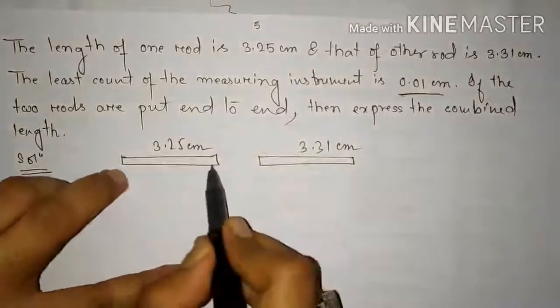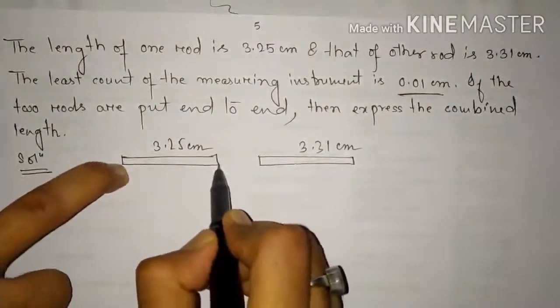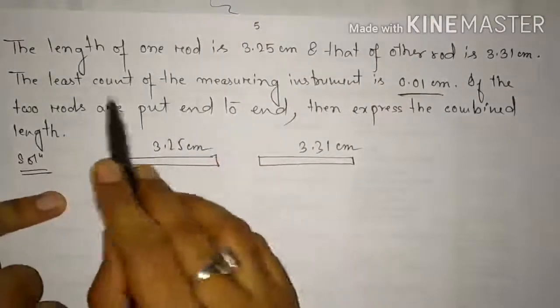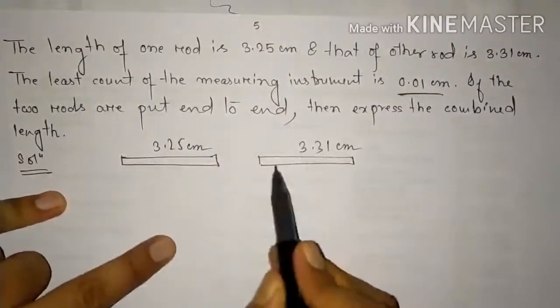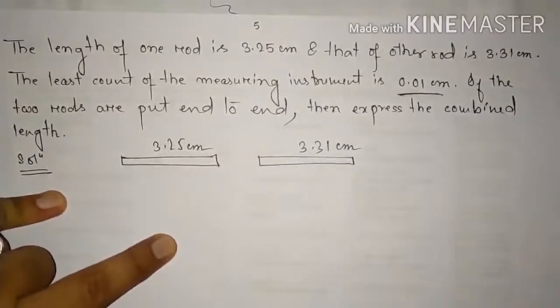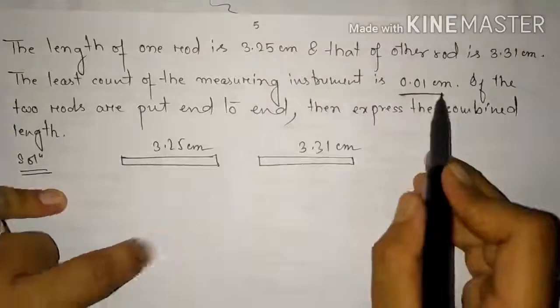That means even when the length of this rod was measured, the instrument had a least count of 0.01 centimeter. When the length of this rod was measured, then also the instrument had a least count of 0.01 centimeter.